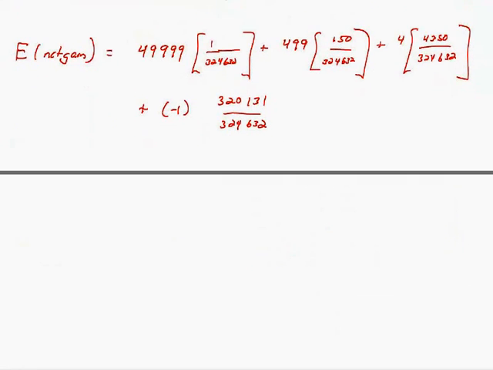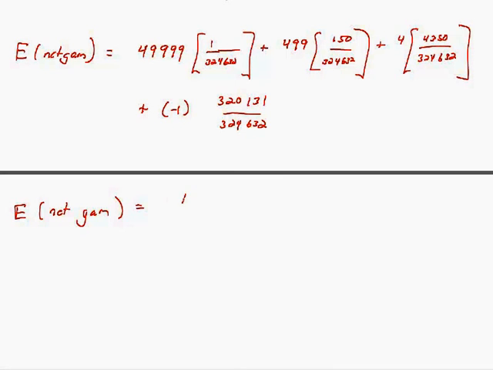The expected value was each outcome: winning the $49,999 jackpot times its probability, the $499 times its probability, the $4 times its probability, and the negative $1 outcome of losing times its probability. If I simplify this in my calculator, the expected net gain of playing the lottery, since I'm paying a dollar to play, is the sum of those products.